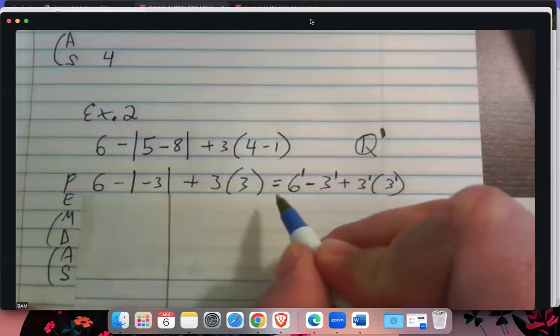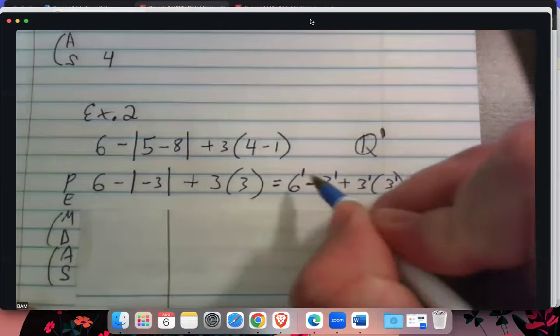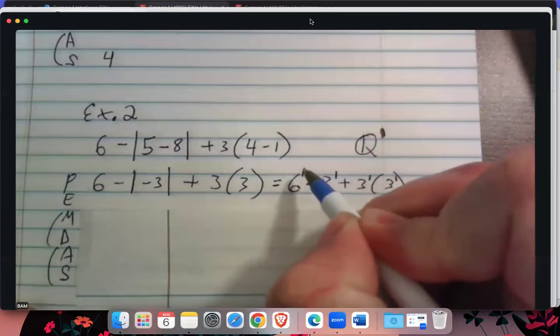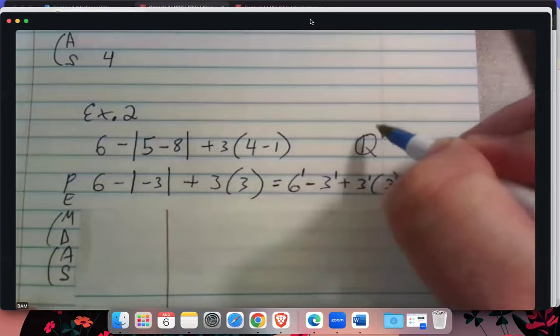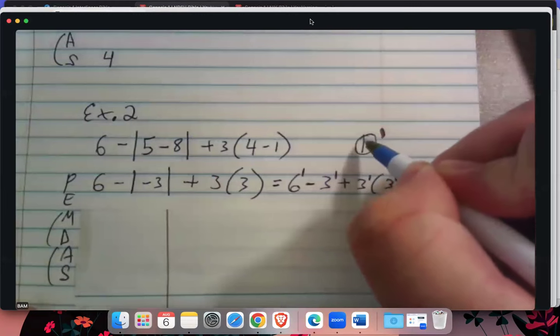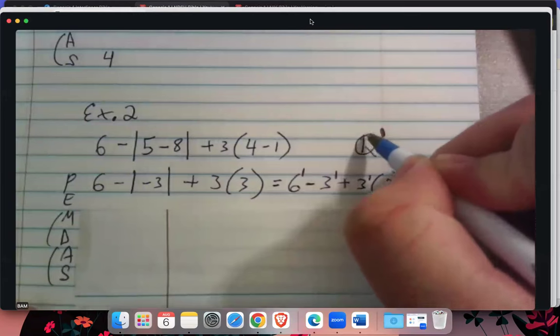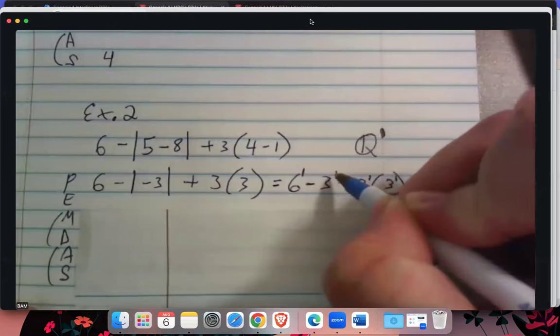But then next step is exponents, and we didn't really have any, but I put these little ones up here to show you that 6 is the same as 6 to the power of 1, and 3 is the same as 3 to the power of 1. These ones are different than this prime. In a previous practice video, we had irrational numbers. The set of all irrational numbers is Q prime, which is different than the 1.